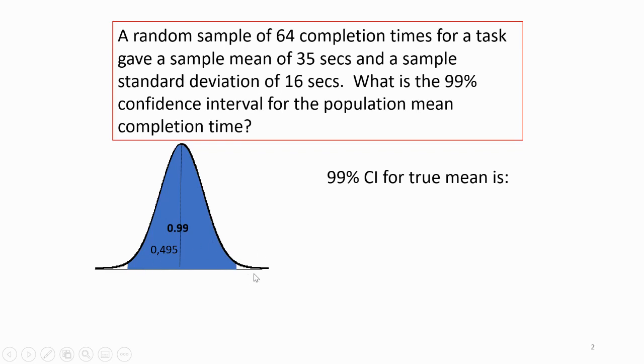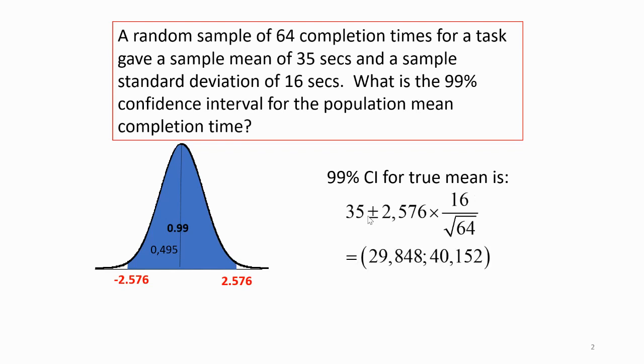Okay, so once I've got my 0.495, I want to find out my Z score, and then I'm going to put it into my formula. So my mu equals the sample mean, always a sample mean, plus or minus my Z times my standard deviation over the root of n. So my interval is between 29.8 and 40.2-ish.